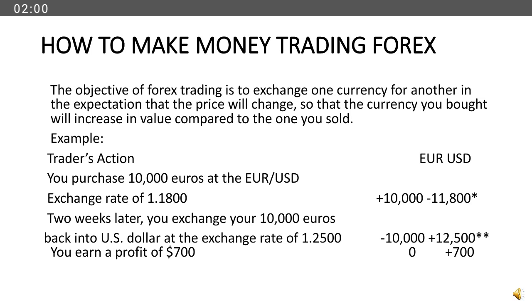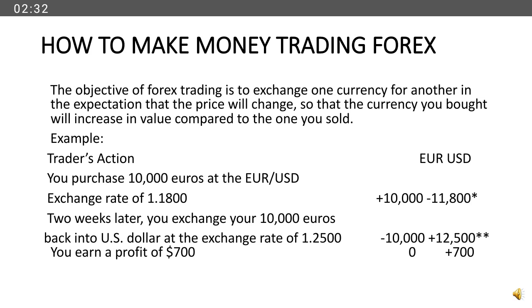Now, look at this trader's action. Let's say you want to buy the euro US dollar. You are expecting that the euro will get stronger while the US dollar will get weaker. That's your expectation because you are buying the euro US dollar pair.